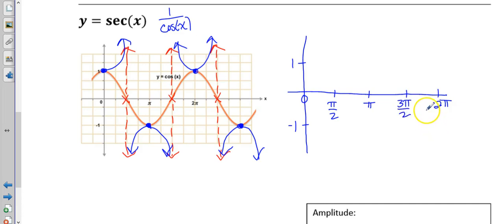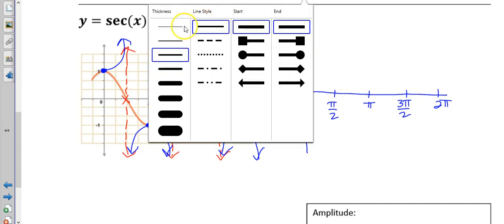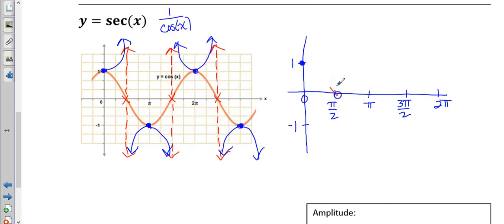Once again, you can visualize cosine as you're graphing. So, for example, cosine starts at 1, 1 is fine. But as I travel, I'm about to approach 0, and that's a reminder to me, oh, no good, have to go in there and get in our asymptotes, because the zeros of cosine become the asymptotes of secant.